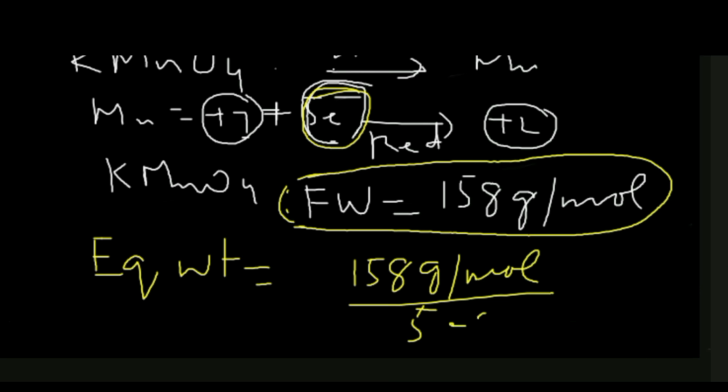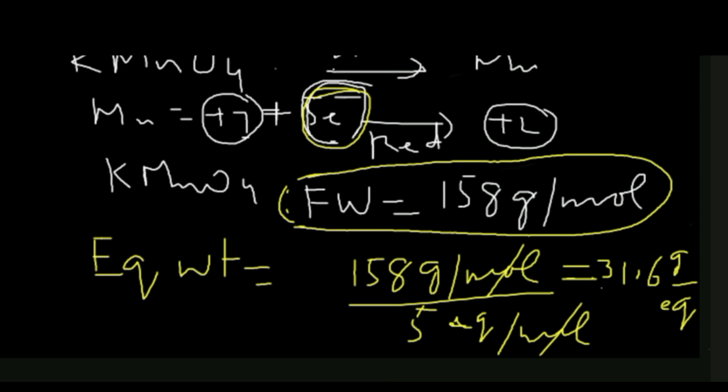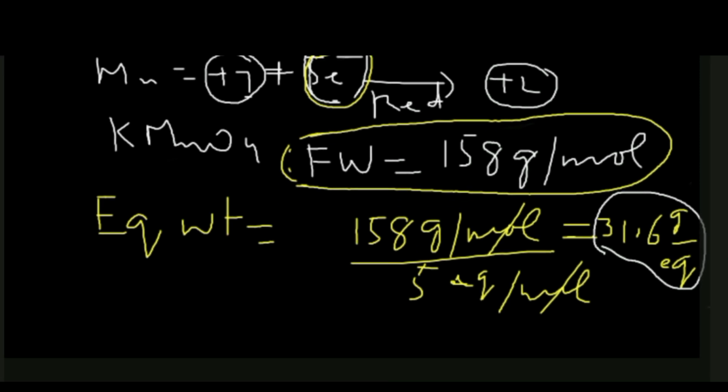So 5 equivalent per mole. Now the mole will be cancelled, and if we divide 158 by 5, we get 31.6 gram per equivalent.